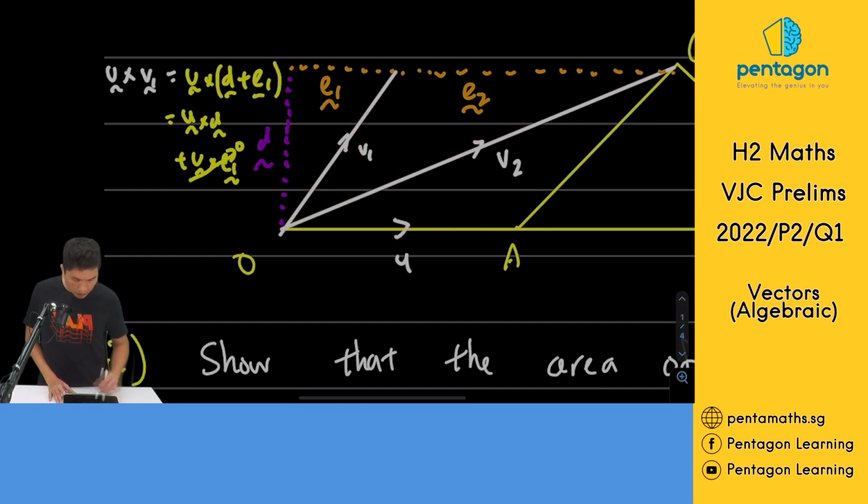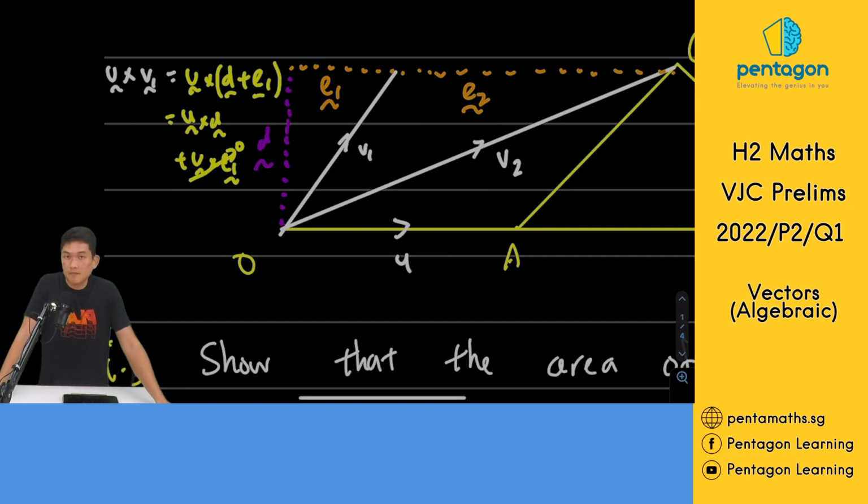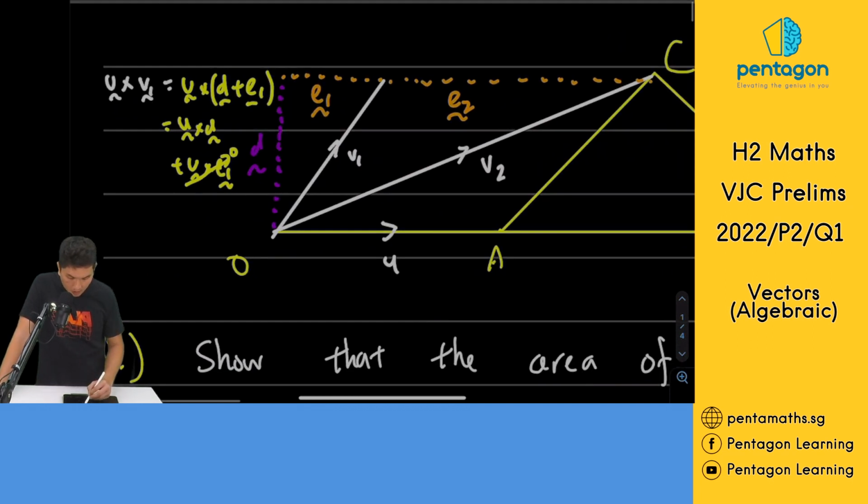And if you do U cross V2, that will be U cross D plus U cross E2. But U cross E2 is 0, so that's U cross D again. And that's really interesting, isn't it? What you're really doing is just crossing with the component of the vector that is perpendicular to U. Why is this the case? You might look at the way cross product is defined, because we use sine.